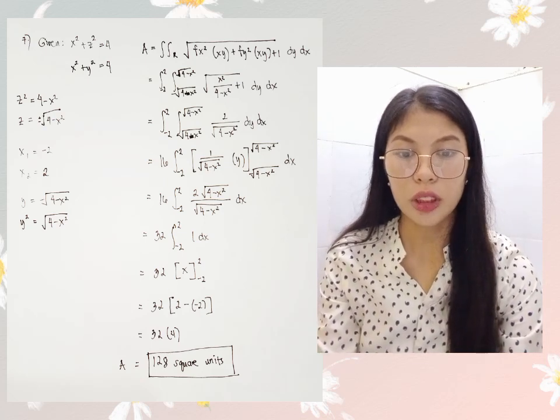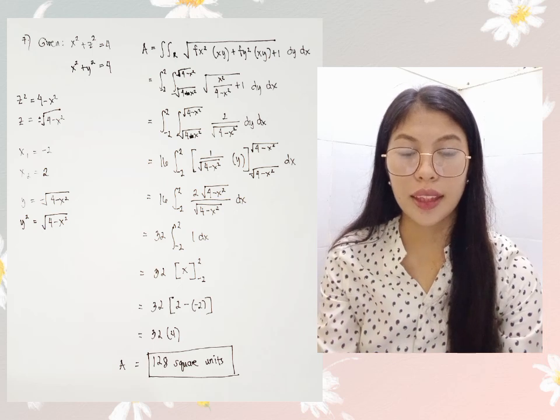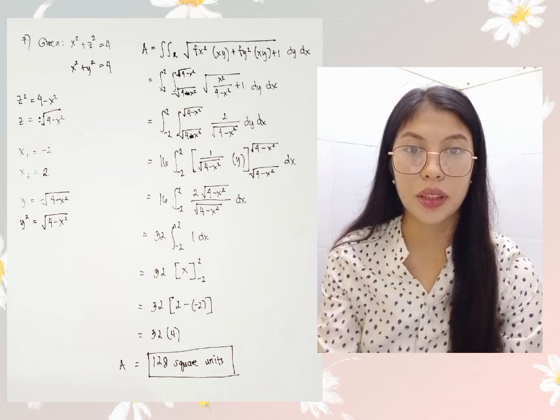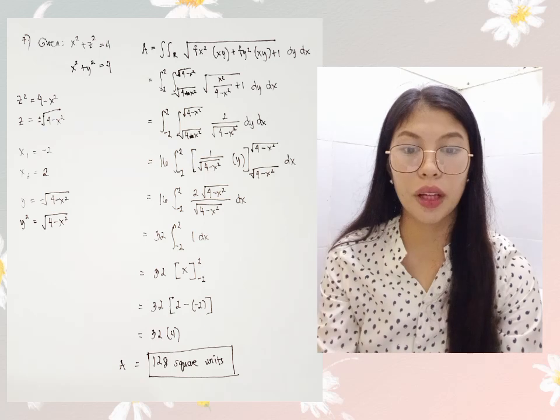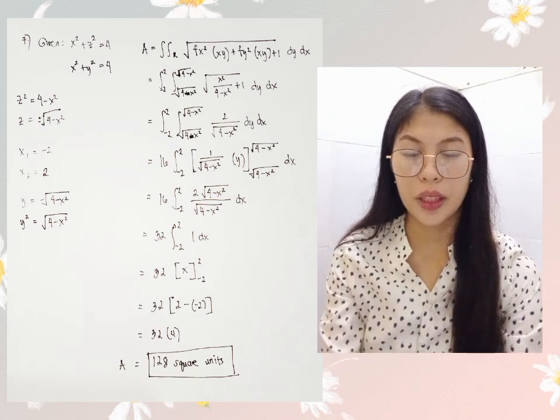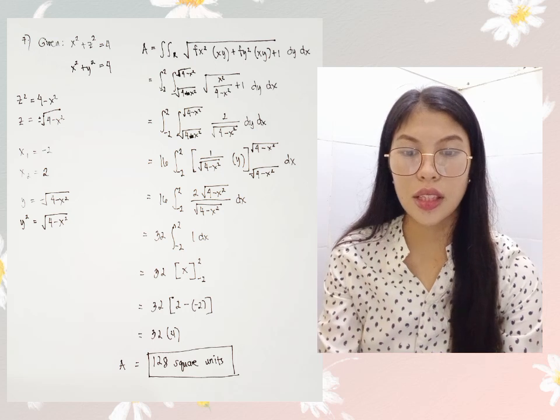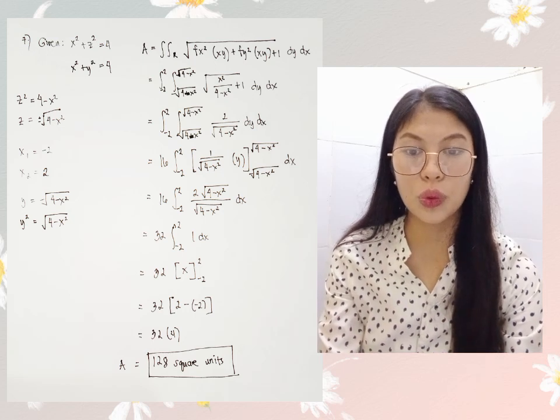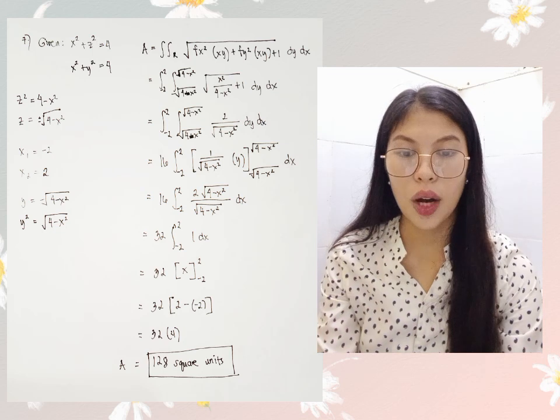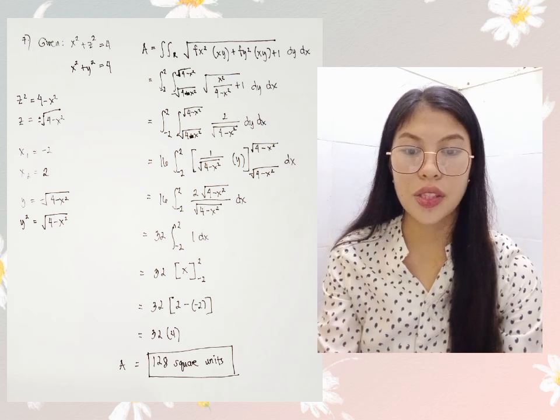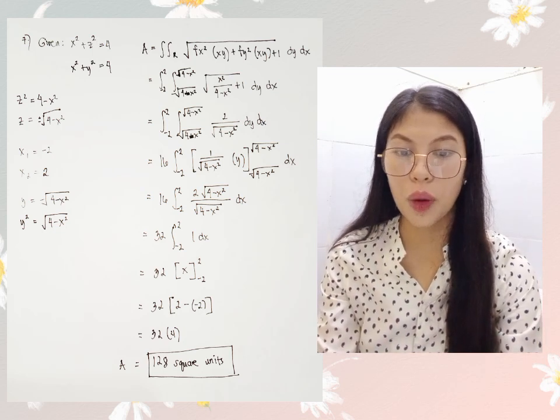So first we have to get the antiderivative of our value, and then we plug in the upper and lower bounds. So we have here 16 integral from negative 2 to 2 of 1 over the square root of 4 minus x squared times y.